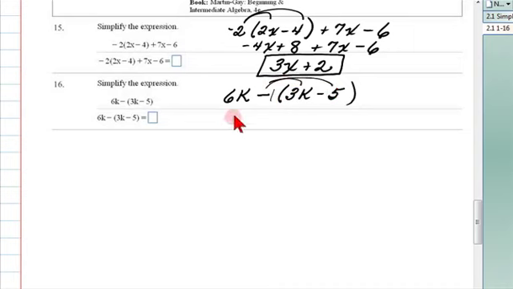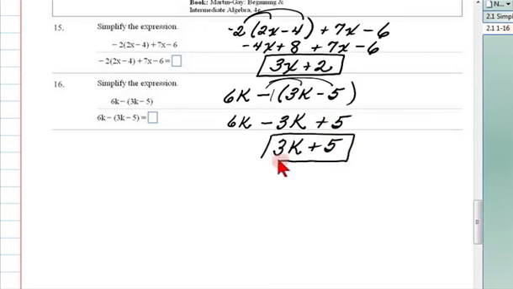Copy down the 6k. Negative 1 times 3k gives me negative 3k. And negative 1 times negative 5, positive 5. Do I have any like terms to combine? Yes, the k's. I have a positive 6k and a negative 3k for 3k. The plus 5 constant does not have any like terms, so it's done.